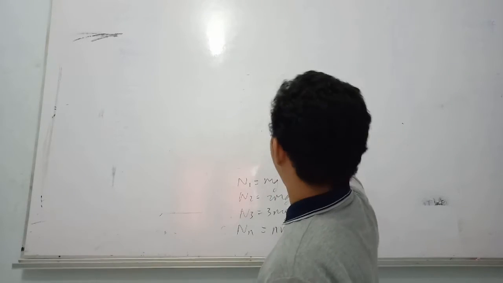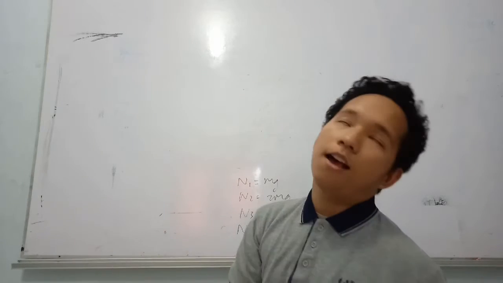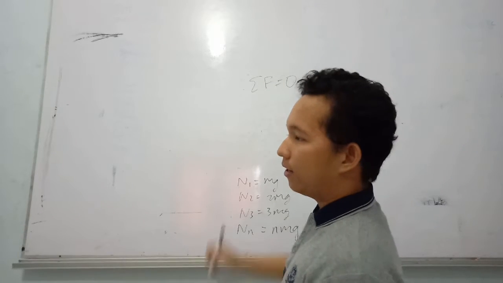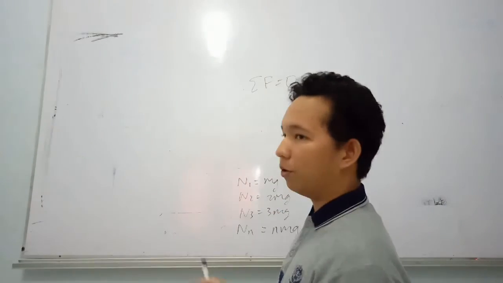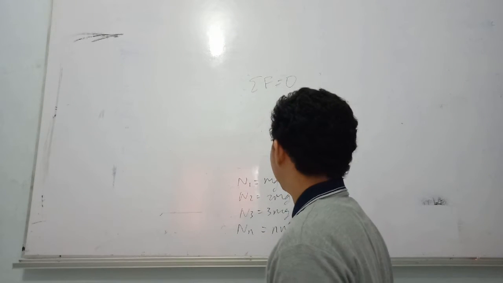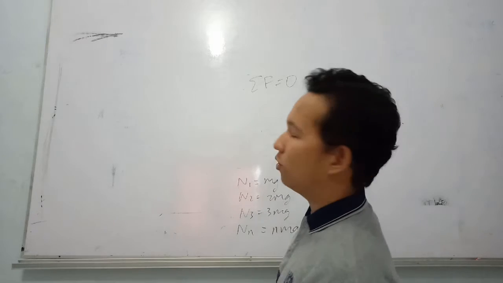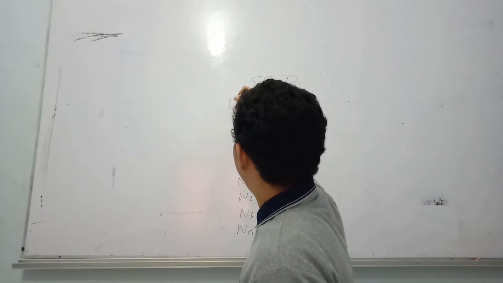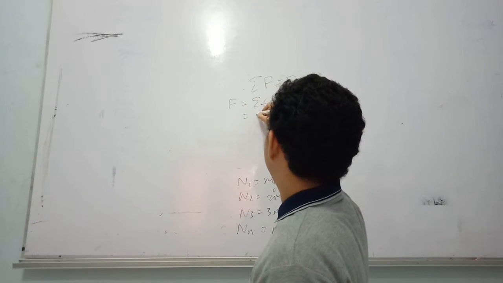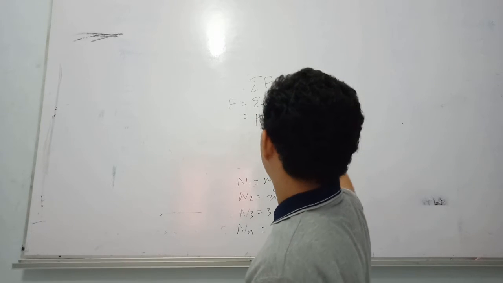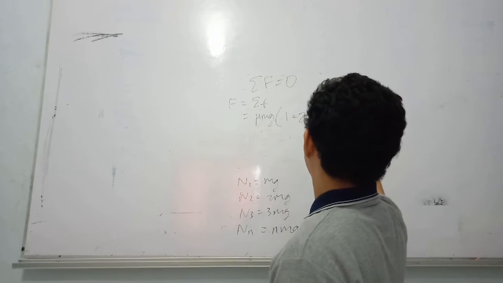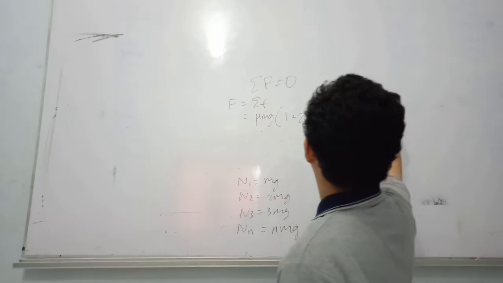Go ahead. To pull apart those two books, we need to discuss Newton's first law, which is that to make an acceleration happen, or in this case to pull those two books apart, you will need a resultant force bigger than zero, or in this case, at least equal to zero. So F is equal to the resultant frictional forces, which is basically mu mg times (n1 plus n2 plus n3 until the nth block).